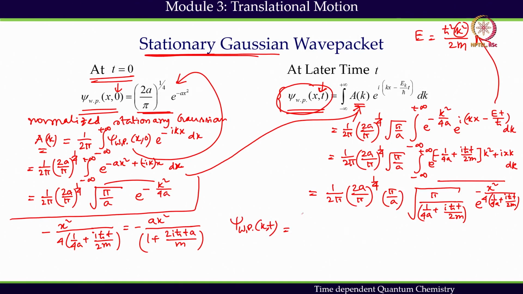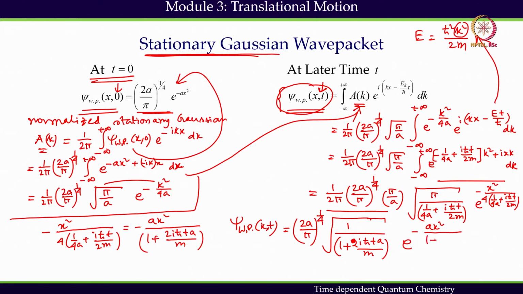I get the analytical form for that, and that's going to be, I just simplify the entire expression as (2a by pi) to the power 1 by 4, square root of 1 by 1 plus 2i h cut t a by m, e to the power minus a x square divided by 1 plus 2i h cut t a by m.